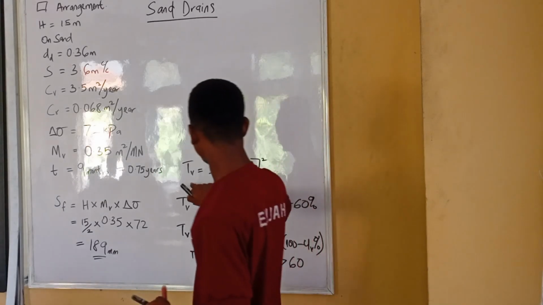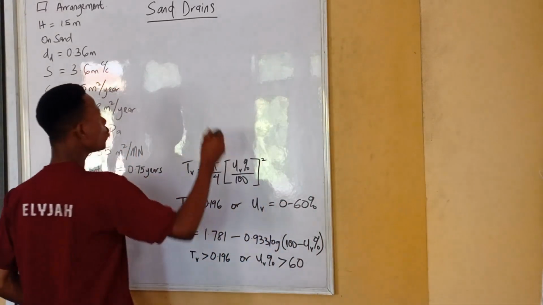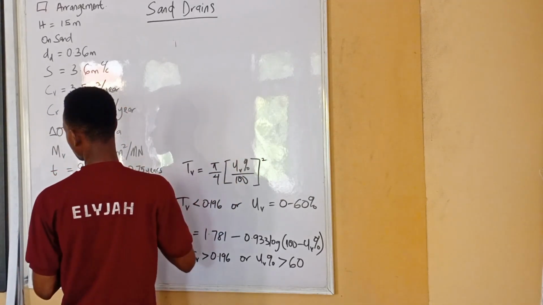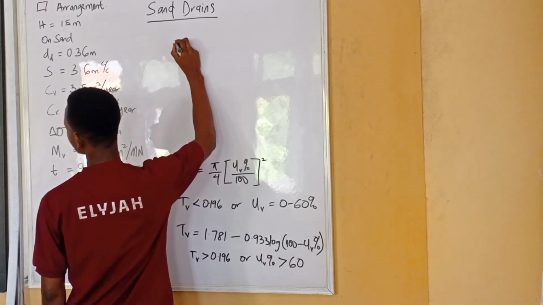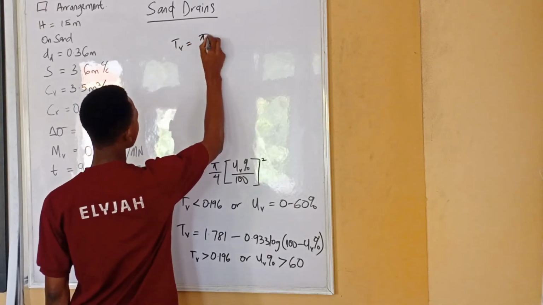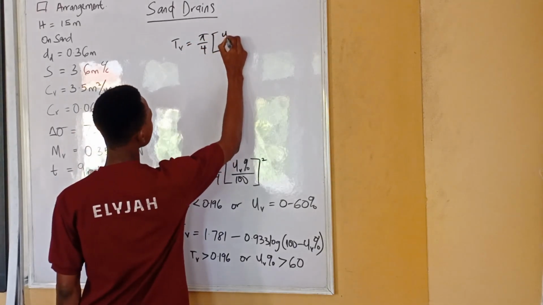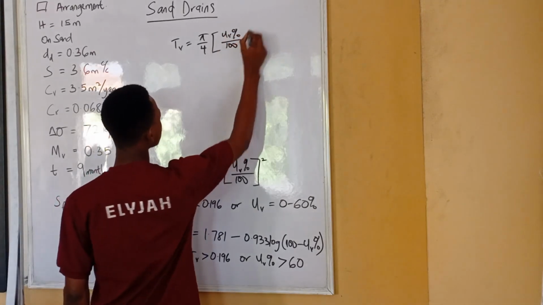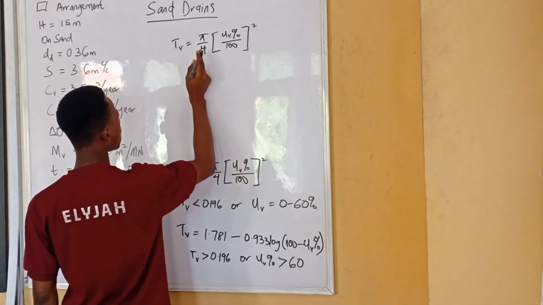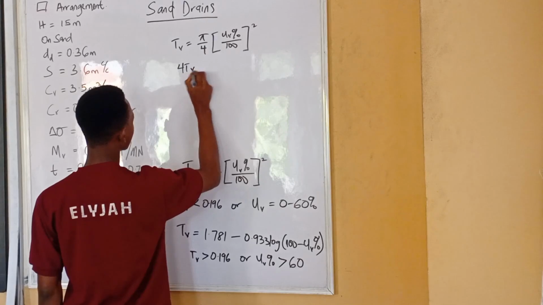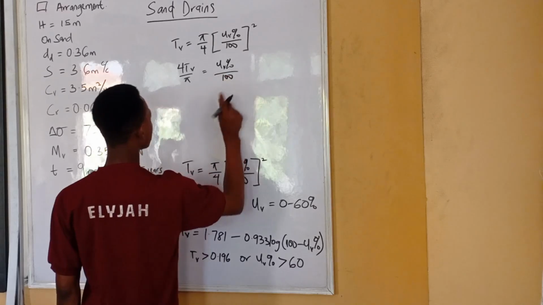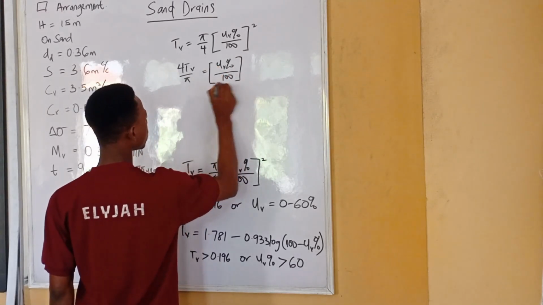So from here, let's make UV the subject of the formula. Let's write it again. TV equals pi over 4 times UV percentage over 100, squared. We multiply TV by 4, so 4TV divided by pi equals UV divided by 100, squared.